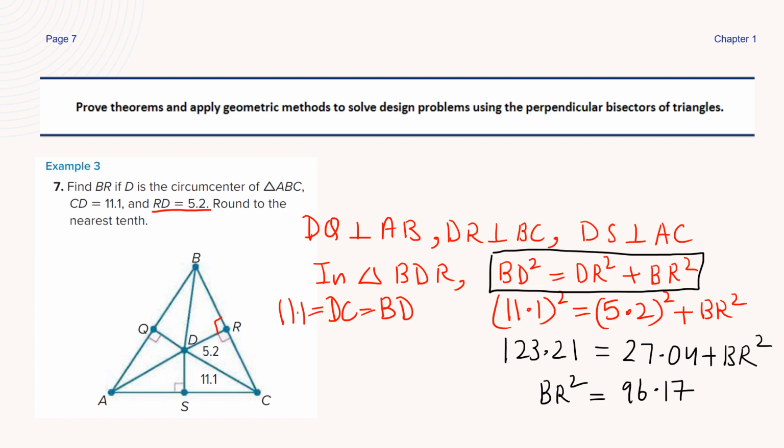The square root of 96.17 approximately is equal to 9.806. So we have to round it off to the nearest 10. So I'm going to give it as 9.8 value for BR. So it is near about 9.8.